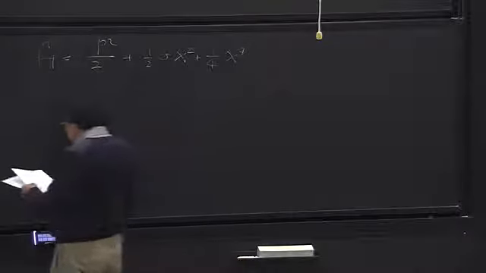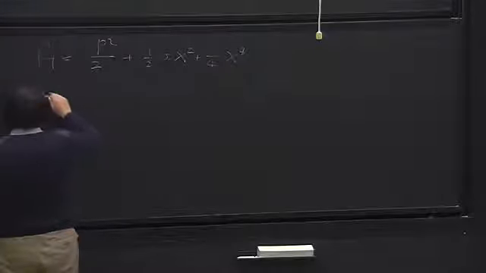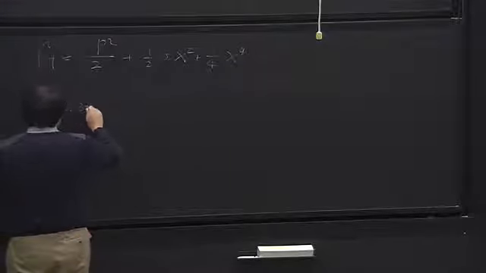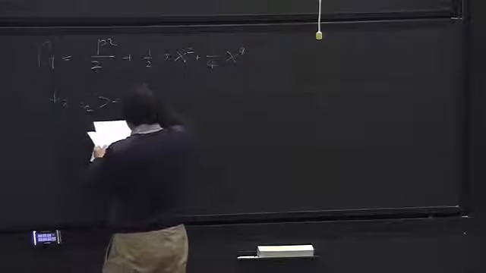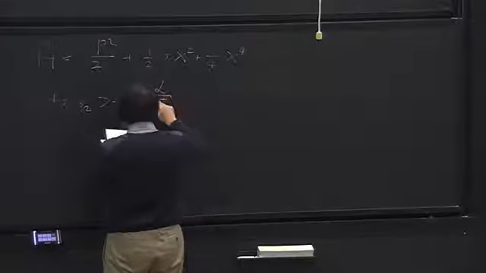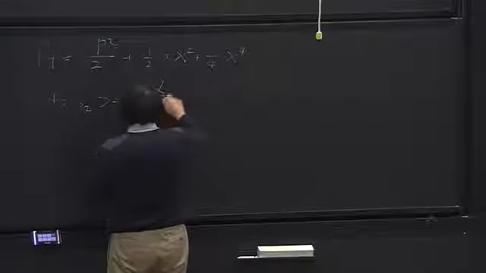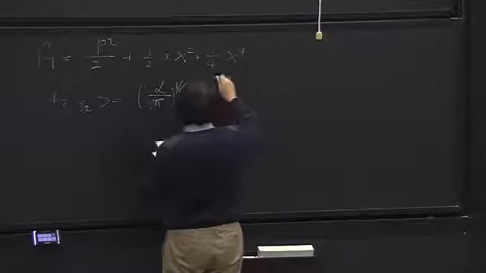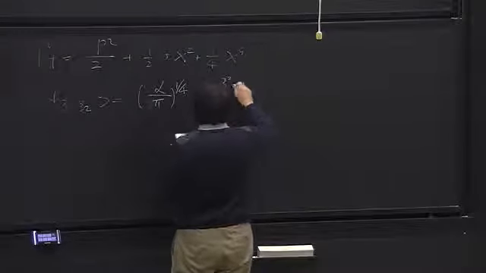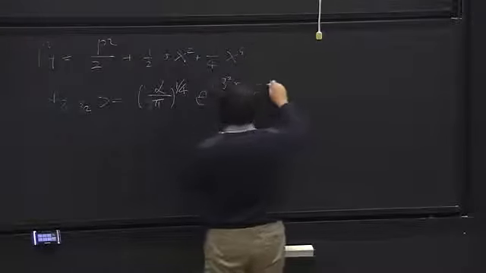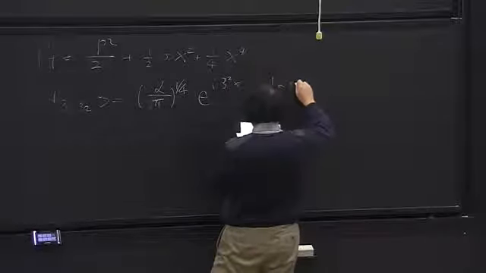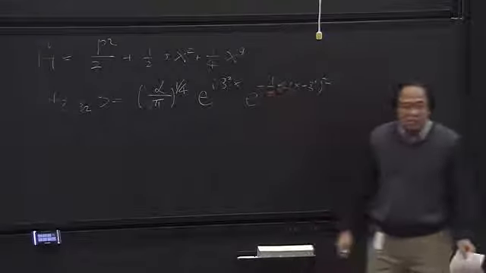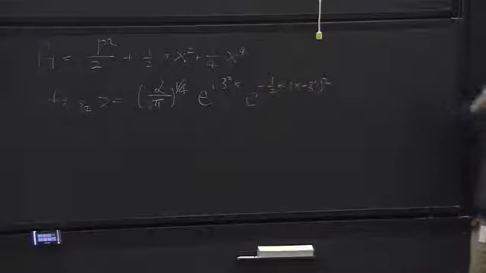Our choice of trial wave function basically has two parameters, c1 and c2, given by the square root of alpha over pi to the one quarter, times e to the i c2 x, times e to the minus one half alpha (x minus c1) squared. So this is our choice of trial wave function.